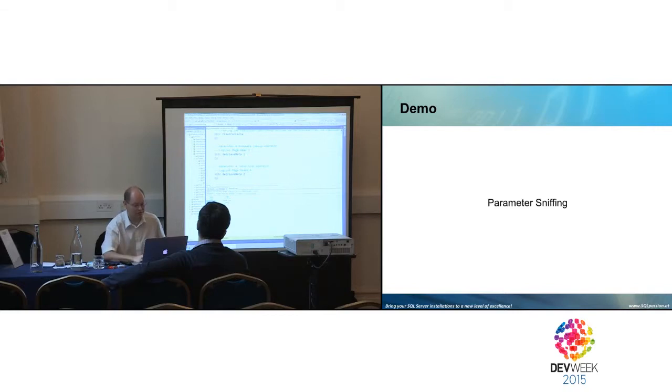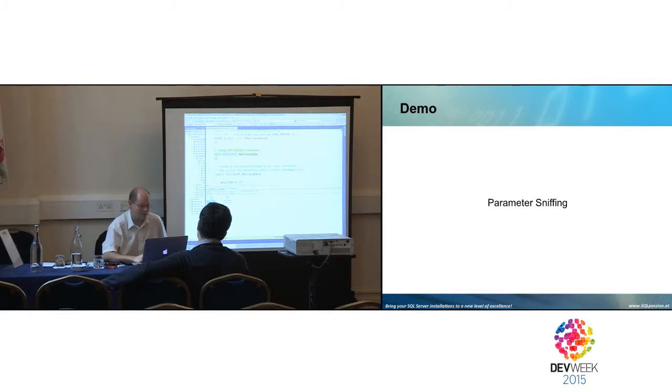The problem is, a recompile of the complete stored procedure is not the best thing. Normally, stored procedures contain a huge amount of different SQL statements, and maybe you have that parameter sniffing problem in only one specific statement. Here, with the recompile, SQL Server recompiles the complete stored procedure, every statement. So you're again wasting a huge amount of CPU cycles.